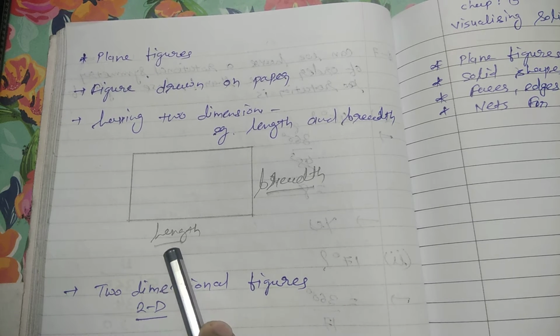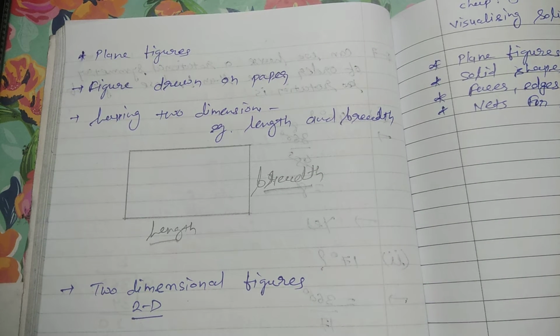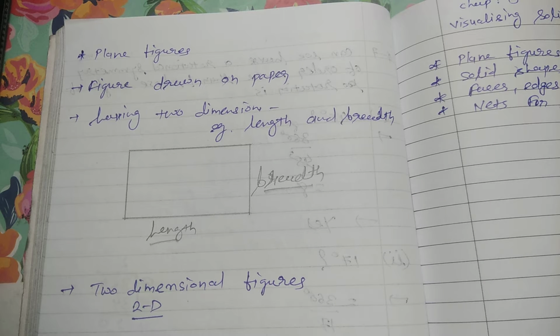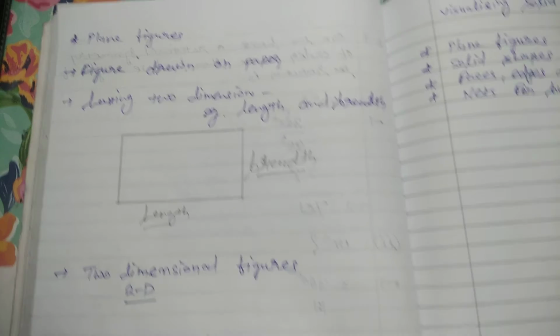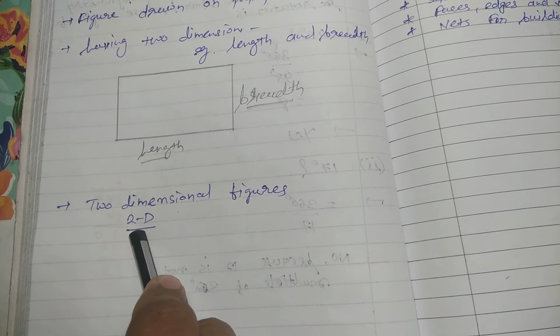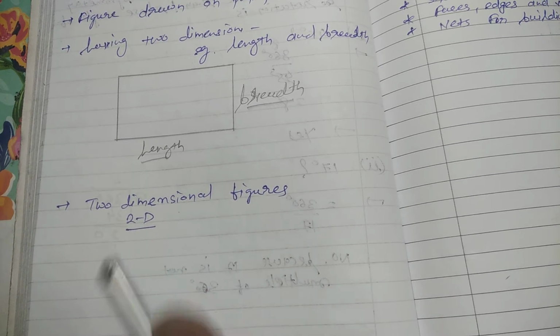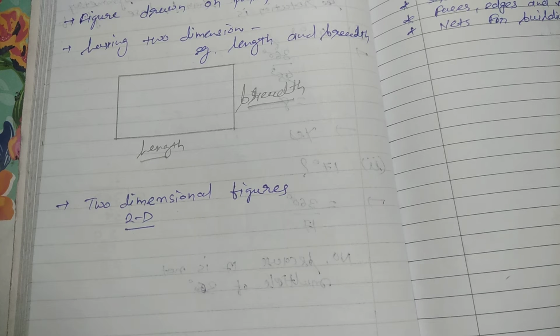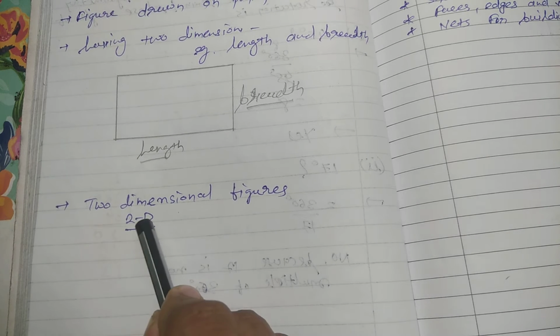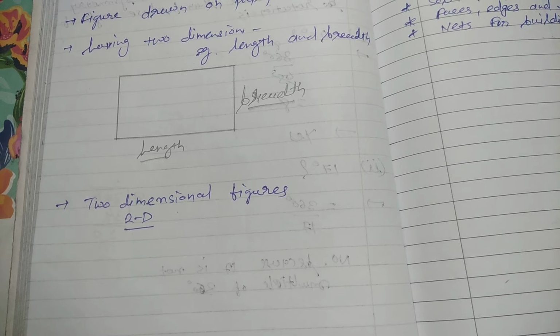One is length and the second is breadth. That's why these figures are also called two-dimensional figures. In short, we can say these figures are 2D shapes, that is, two-dimensional shapes.